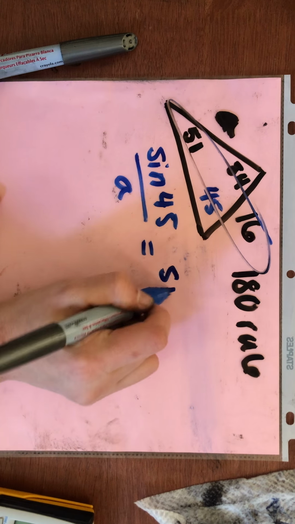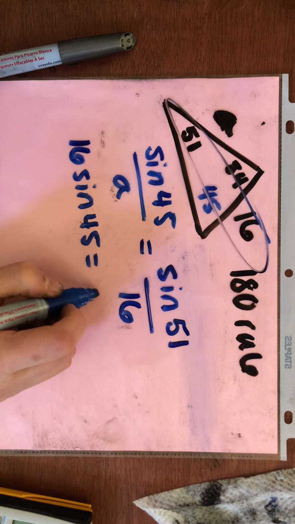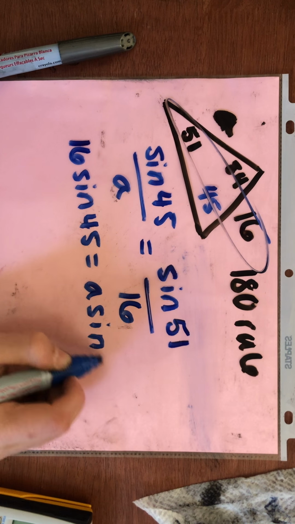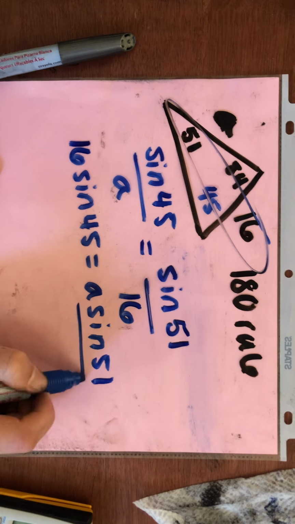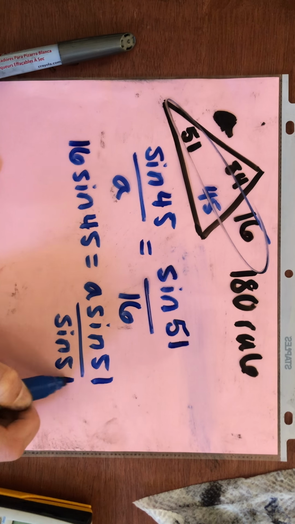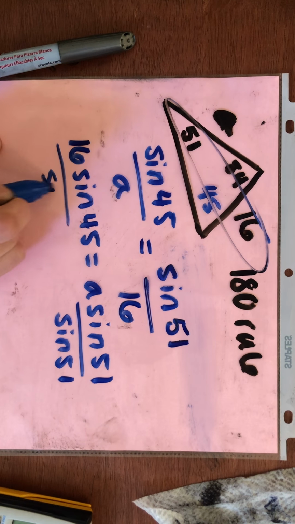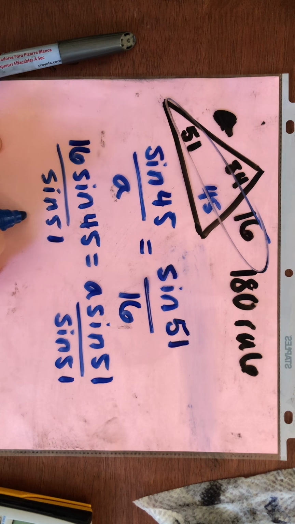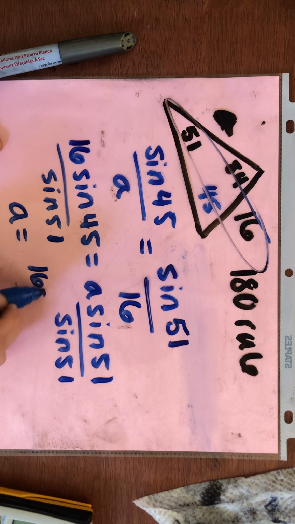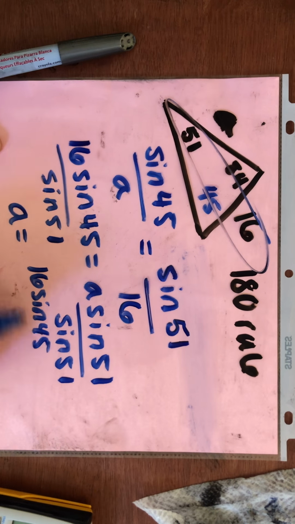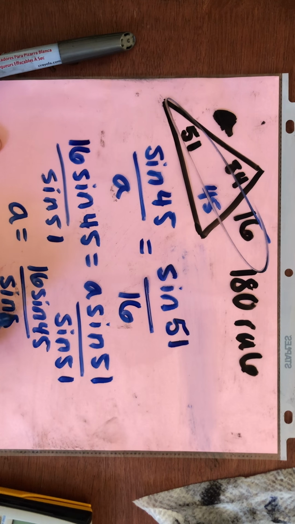I'm going to cross multiply, and I get 16 sine 45 equals A sine 51. Divide by sine 51. I get A equals 16 sine 45 over sine 51.